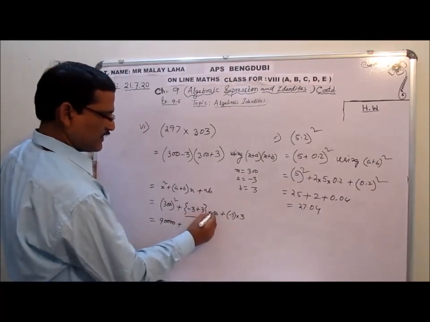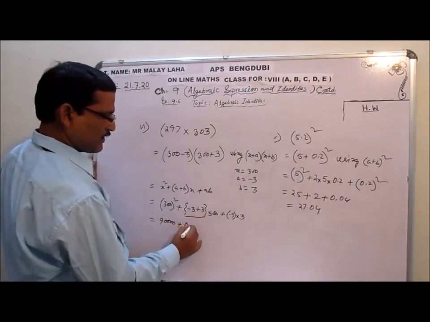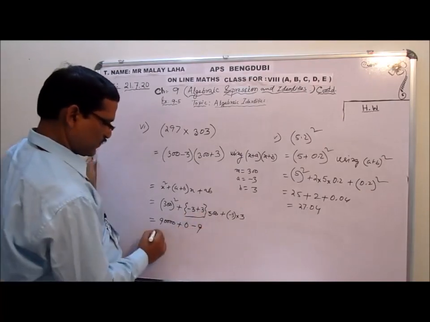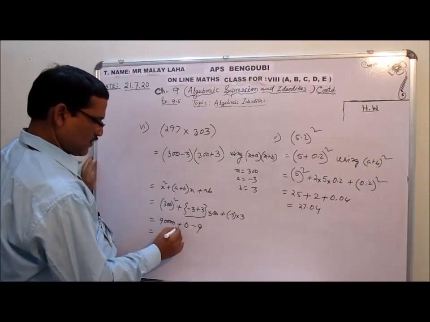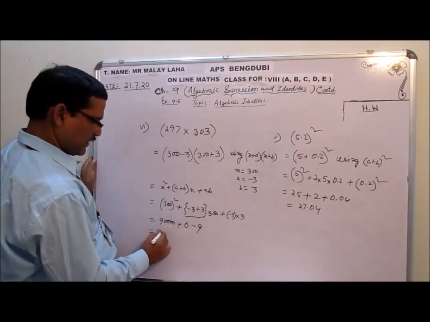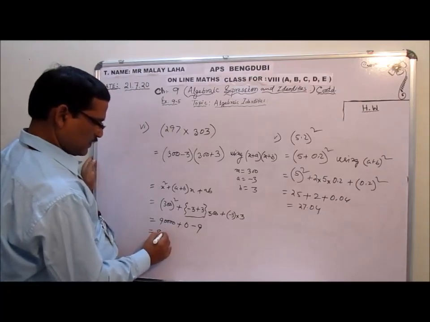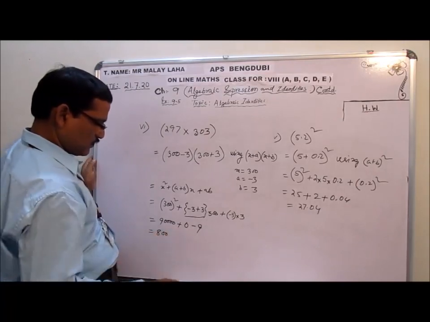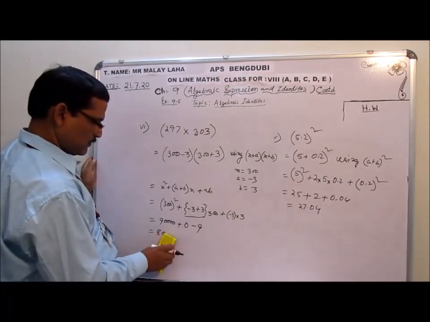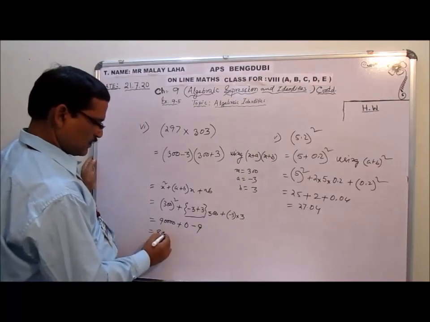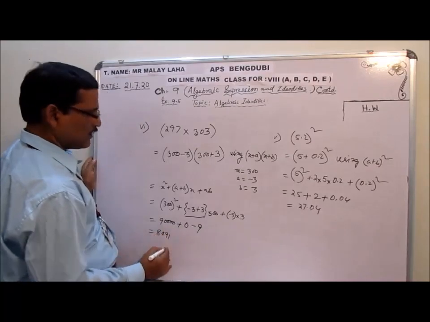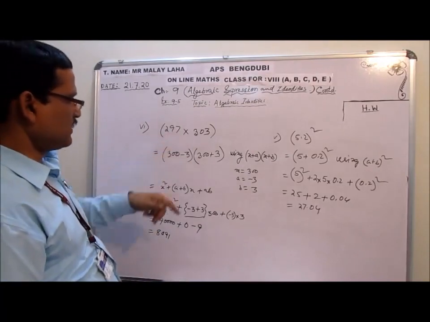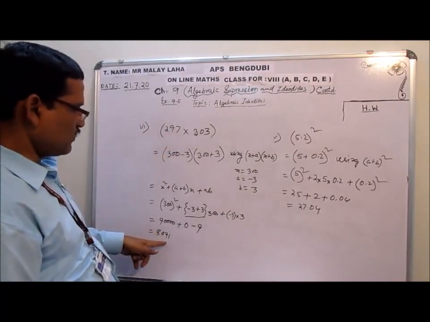300 square is 90,000, plus 0 multiplied by 300 is 0, plus minus 9. So if I subtract 9 from 90,000, how much will you get? 89,991. You can try 297 into 303 and check whether it is 89,991 or not.